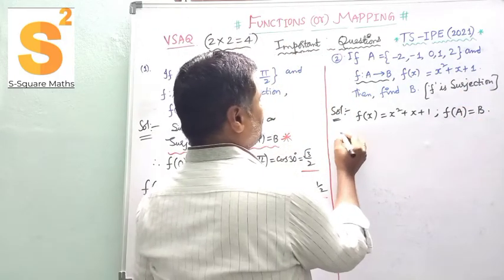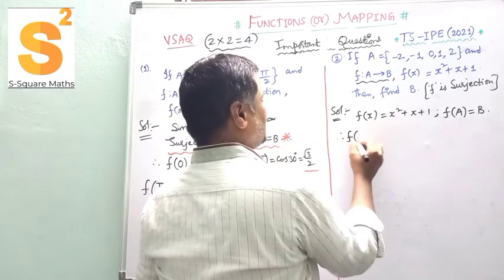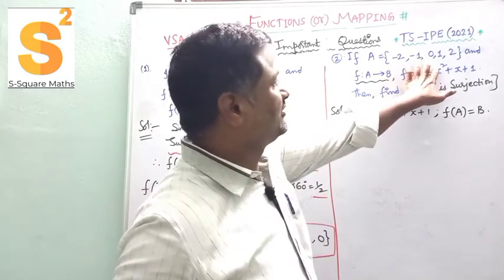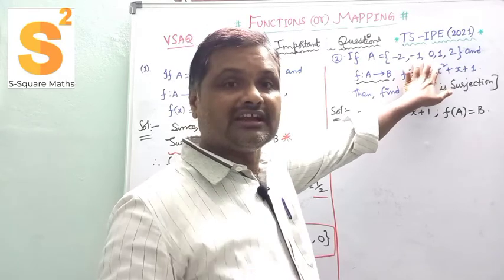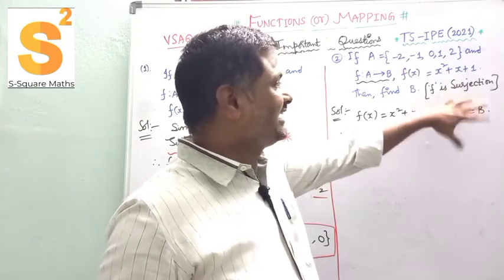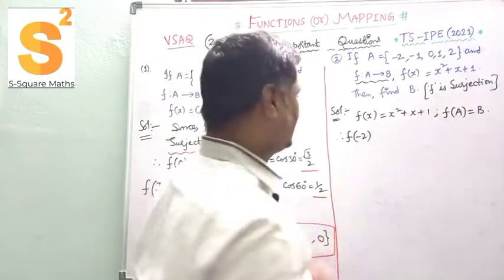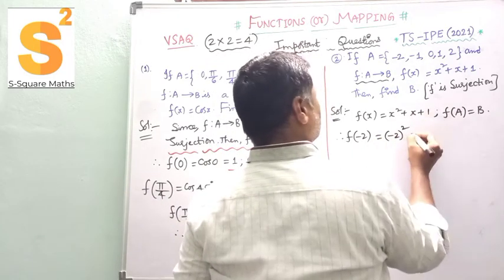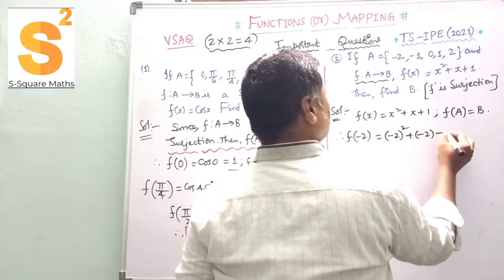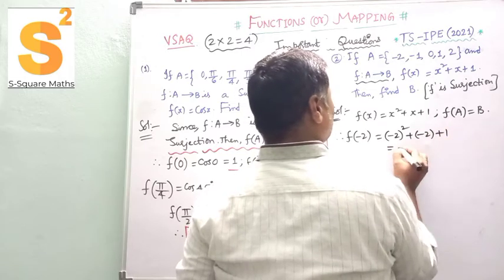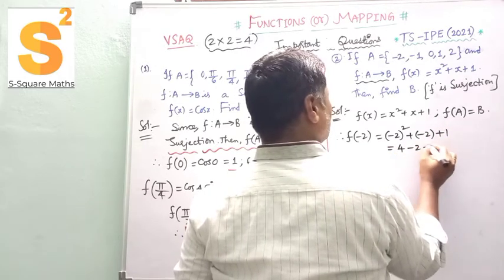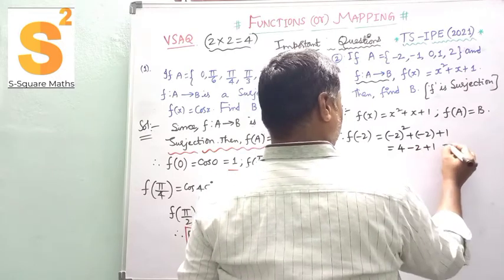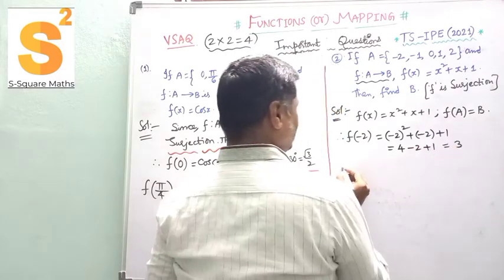Now our values are 5 values. With respect to the 5 values we have to determine our B, the range f of A. In the place of x, minus 2: minus 2 whole square plus of minus 2 plus 1, which gives 4 minus 2 plus 1, finally 3.